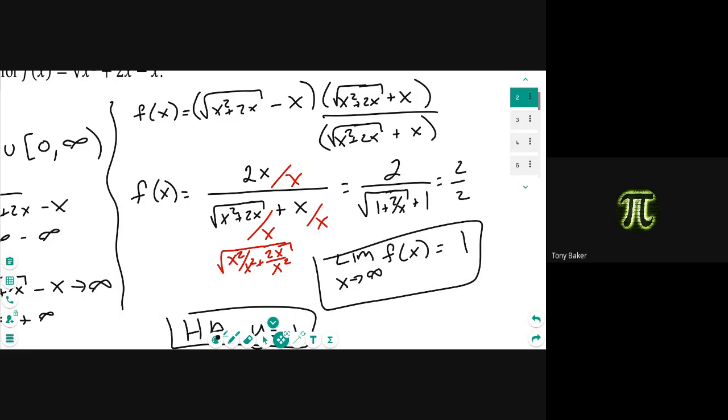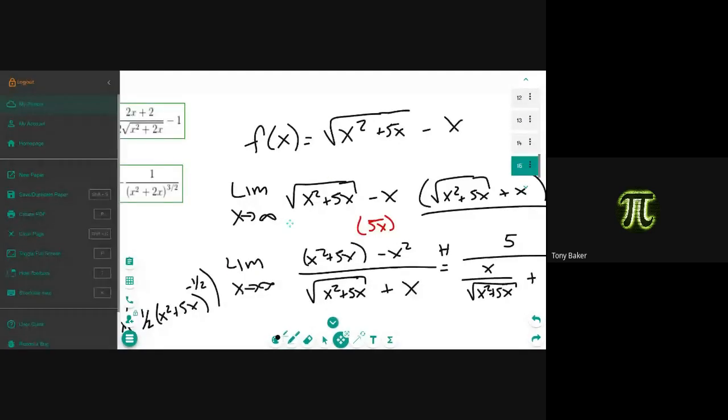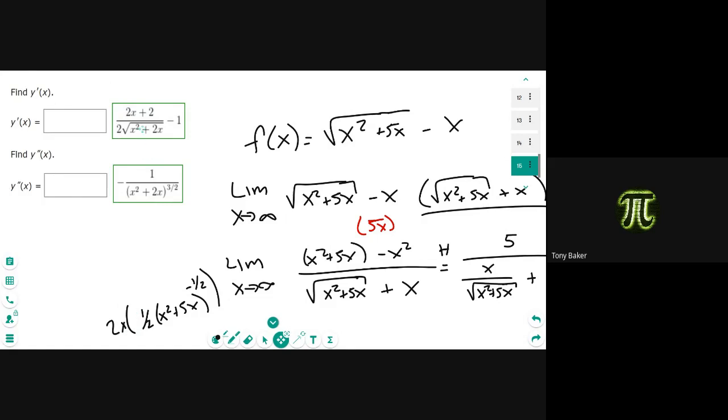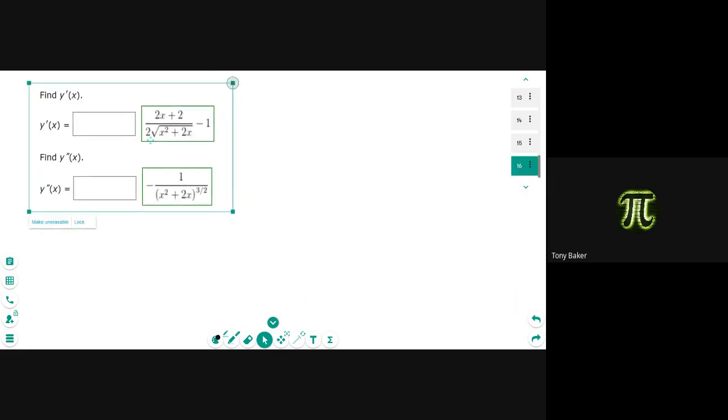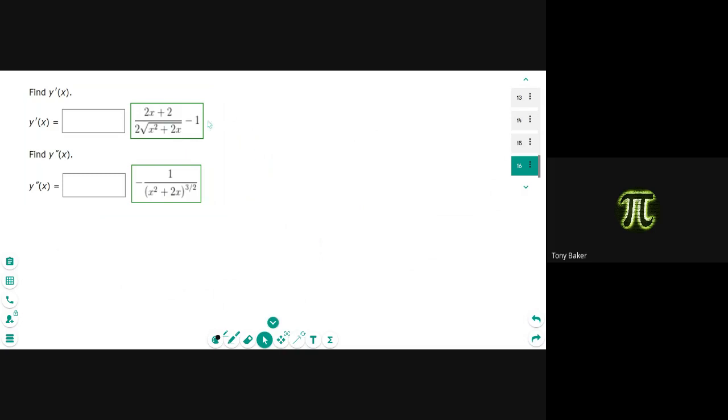And the intervals for which it's increasing. So this one, for increasing and decreasing, you're just looking at the first derivative. So we have to find our critical numbers because that's going to give me the interval breakpoints.